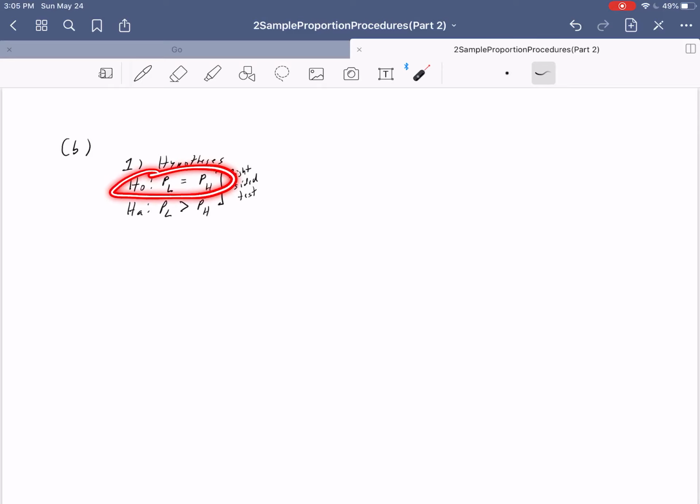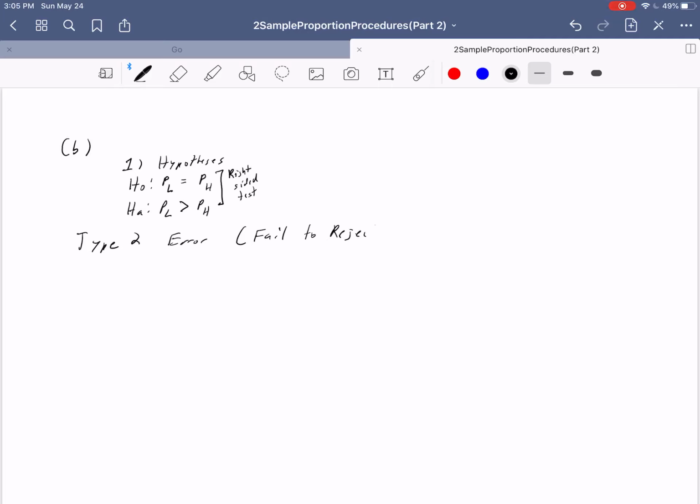If we kept that H0 around, then we're basically saying that the low-risk group and the high-risk group have the same percentage. So this would include a fail to reject H0, and the type of error that can potentially happen if you fail to reject H0 is a type 2. So it would be a type 2 error, which is where you fail to reject H0, but H0 is false.